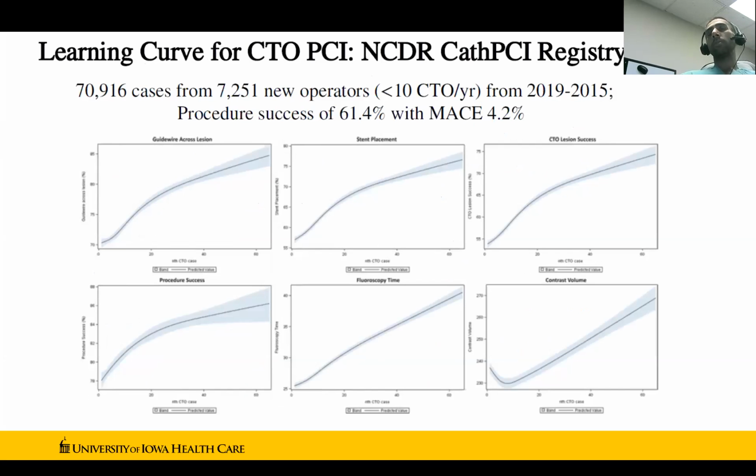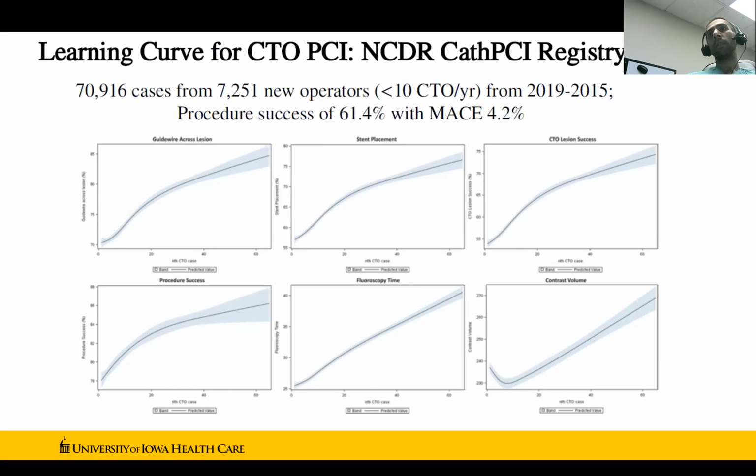Now, again, switching gears, why is it important to have experience in these PCIs? Looking at the NCDR, most of my colleagues and physicians would know that our PCIs get recorded into our NCDR CathPCI registry nationally.